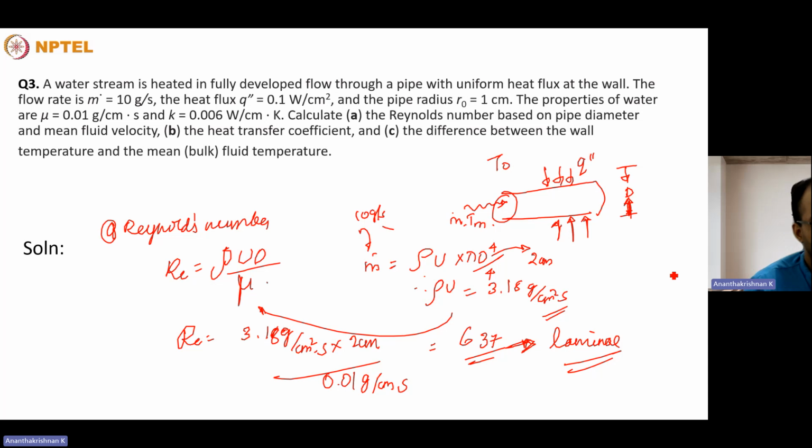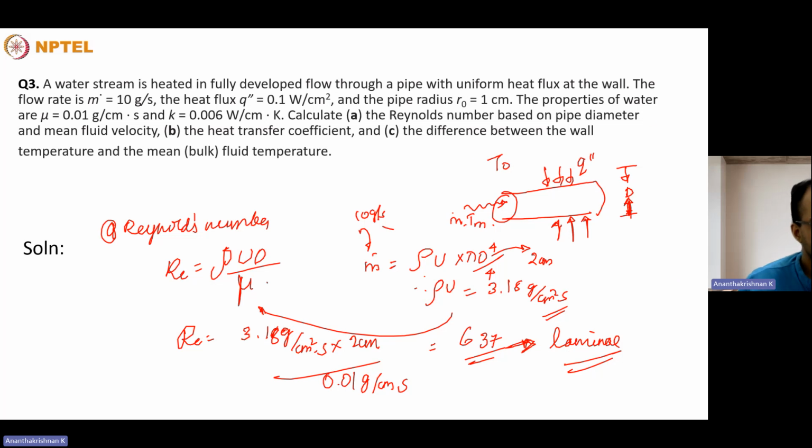Since it's a case of uniform wall heat flux and laminar flow, hydrodynamically and thermally fully developed, we could assume that the Nusselt number is a constant. We follow the same approach as the parallel plate in the previous case, get the Nusselt number as a constant 4.36, and based on that, we can solve for the other parameters.